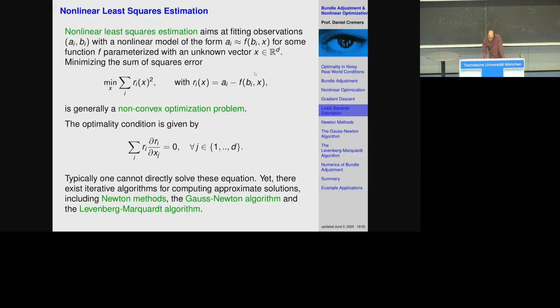And that can be linear, but it can be quadratic, and it can be anything, and typically you don't know what it is. But it's some parametric function parameterized in a parameter vector x that maps from input to output. And ideally the input should map to the output in the sense that the discrepancy, the quadratic discrepancy, is minimized.